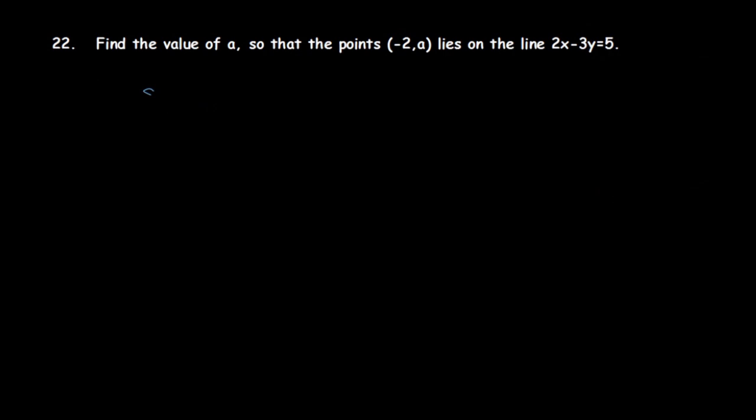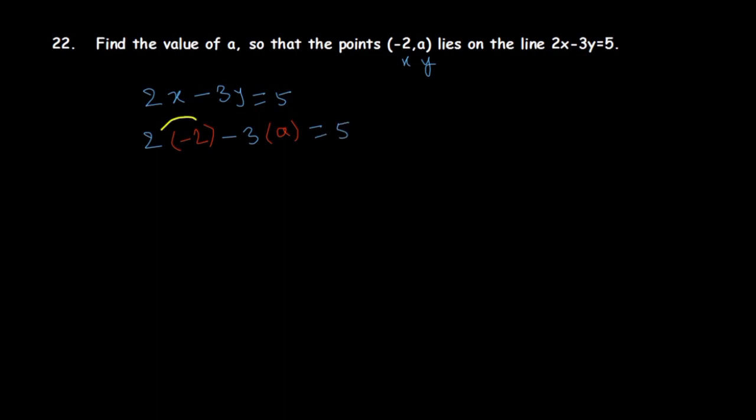Find the value of a so that the point minus 2 comma a lies on the line 2x minus 3y equal to 5. So what you do here, the given line is 2x minus 3y equal to 5, and here minus 2 comma a, this is x and this is y. You can substitute those numbers, that means 2 of x is minus 2, minus 3 and y value is a, which is equal to 5.